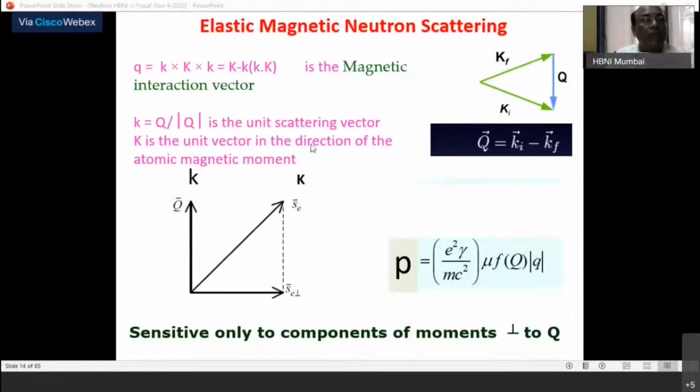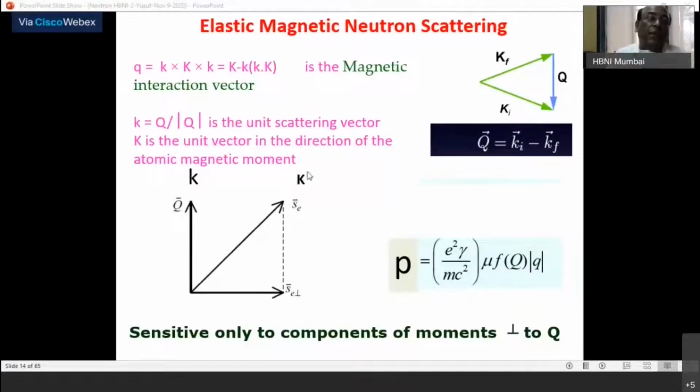And what is capital K? It is the direction of the magnetic moment. So nothing but this is your capital K direction. That's why I have written capital K here. So capital K is the direction of the atomic or ionic magnetic moment, the dipole moment, sitting in a particular atom or ion in your sample.